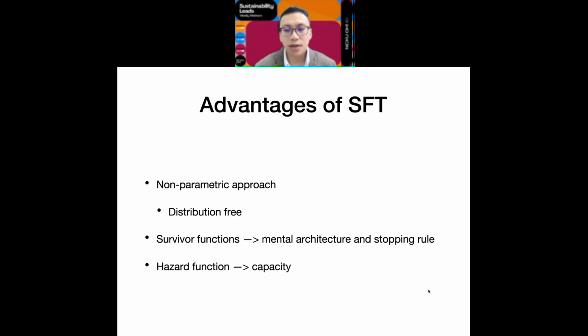Those properties were described in the previous slides, so if you're still unclear about what architecture, decisional stopping rule, or capacity is, you can go back to the slides and get some insights into the meaning of the properties.